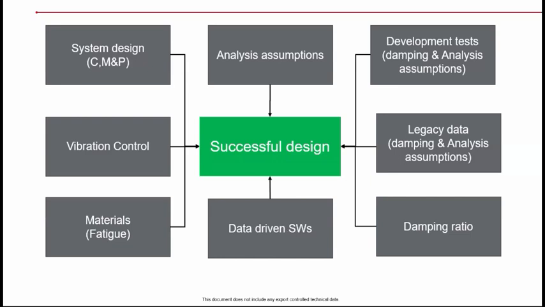You have legacy data to begin with, supporting your damping and analysis assumptions. Similarly, the damping ratio is getting updated from the tests, and you have materials knowledge. You have good knowledge of the materials, and understand the fatigue performance of the materials that you choose.